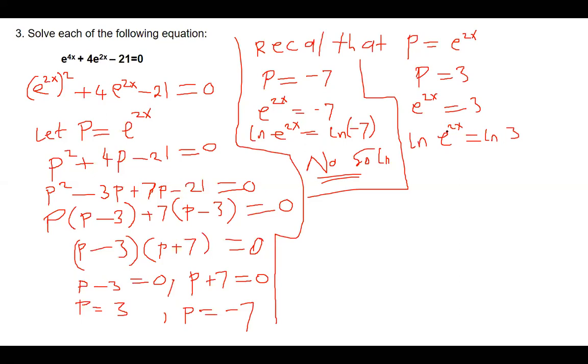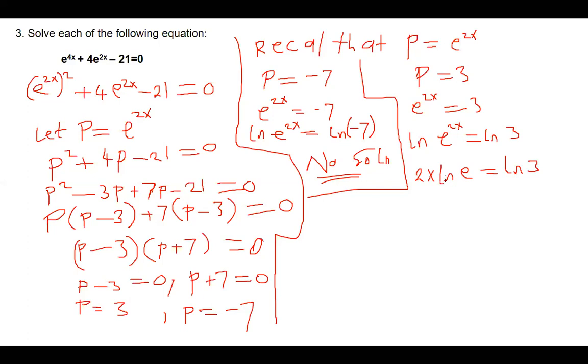So according to the rules of logarithms, this 2x can come down, so we're going to have 2x times ln e, which is equal to ln 3.